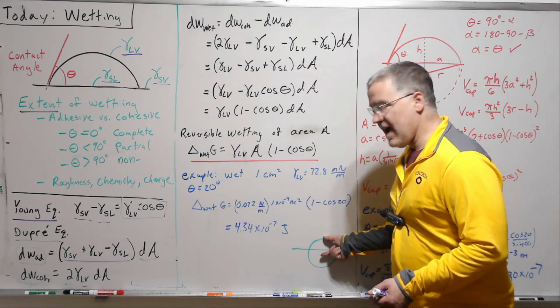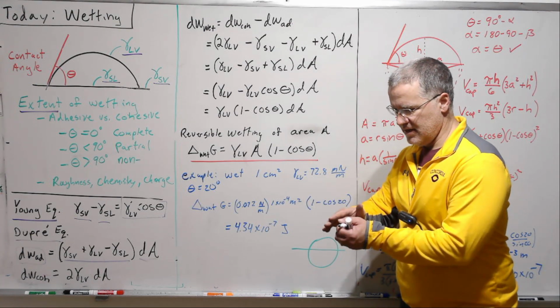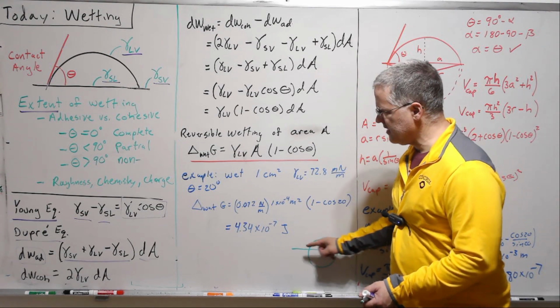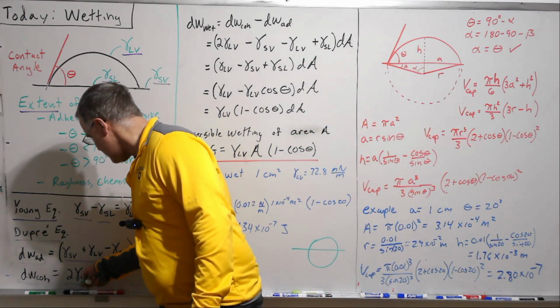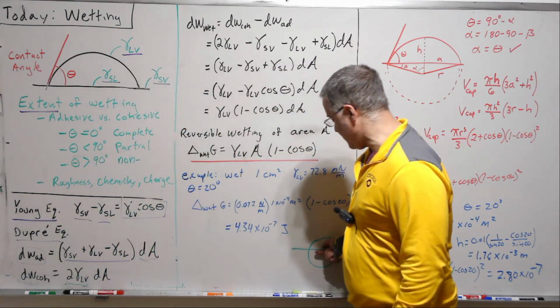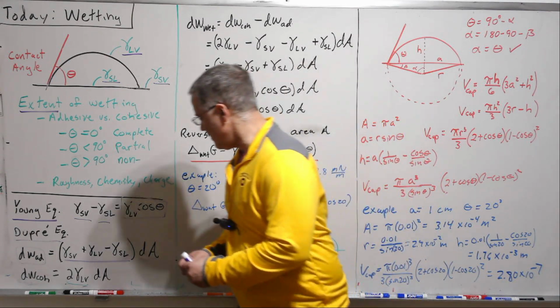And we cut this in half, and so essentially we've created twice that surface area, and so the amount of work is 2 times the liquid vapor surface area for cutting this drop in half, and that's the cohesive work.